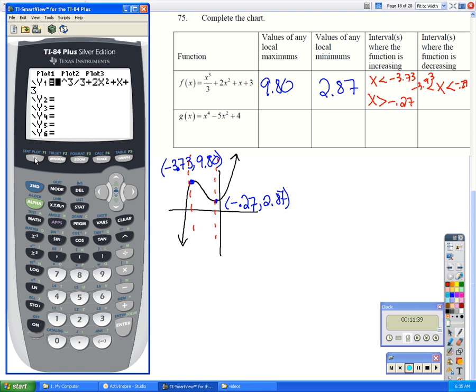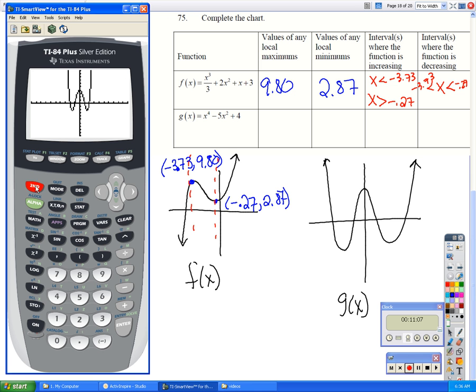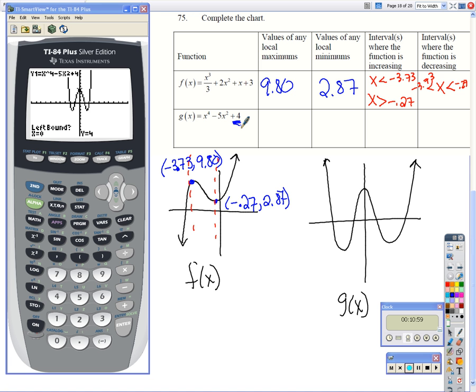So now I have to put g of x in my calculator. I'm going to graph that one. I'm just going to use the calculator to find the minimums because this is my y-intercept.